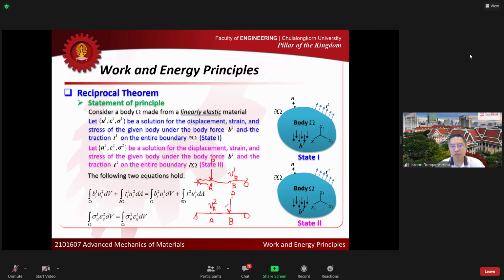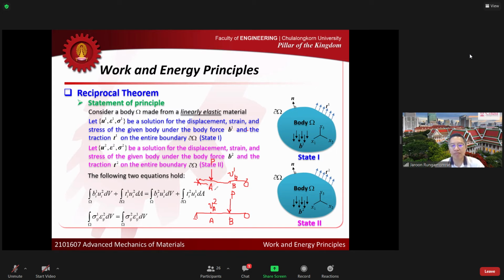The same way, I compute the work done due to the force from the second case, where the displacement is generated in the first case. So it's simply P multiplied by VB1. And the two quantities are the same, right? Based on the first equation that I got from this theorem. So P VA2 has to be equal to P VB1 and P cancels out. So now we can conclude that VA2 and VB1 are the same, right?